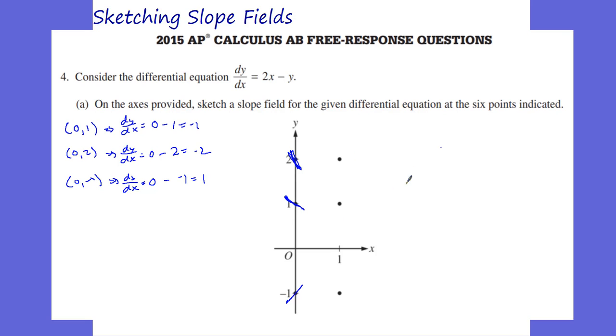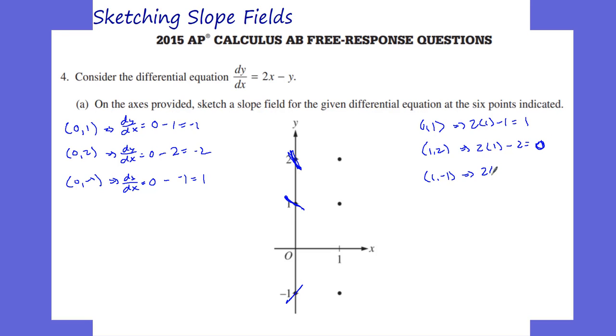Now let's go to these other points. We're going to go to 1, 1, 1, 2, and 1, -1. Okay, so let's take a look at 1, 1. We have 2 times 1 minus 1, which is 1. We have 2 times 1 minus 2, which is 0. Sorry about that, 2 minus 2 is 0.